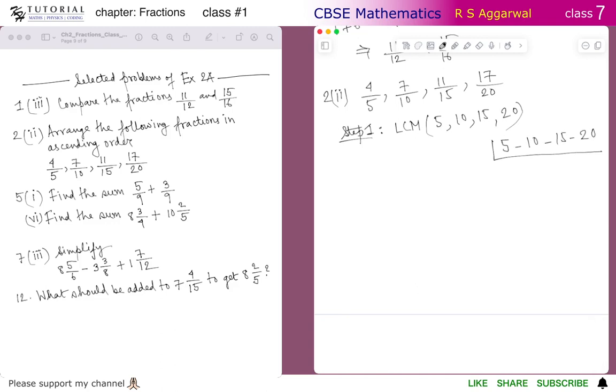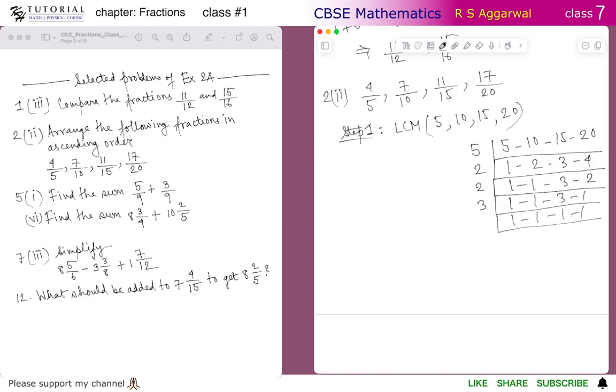Clearly we can divide by 5, which is a prime number, and we get 1, 2, 3 and 4. Next we can divide by 2, which is also a prime number. So we have 1, 1, 3 and 2. We can again divide by 2 and we get 1, 1, 3, 1, and finally we divide by 3, we get 1, 1, 1, 1.